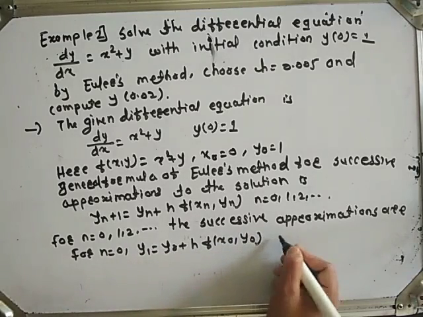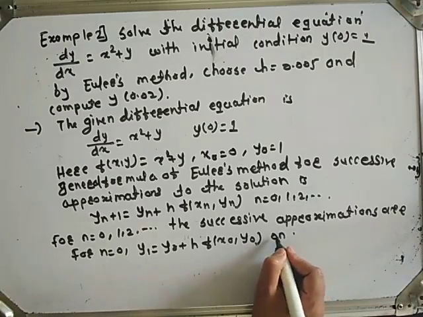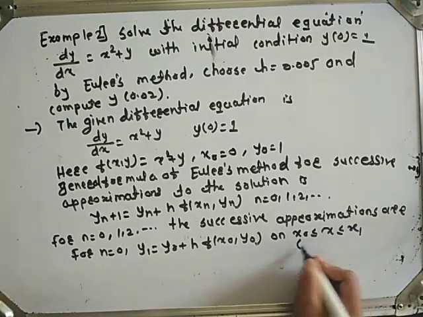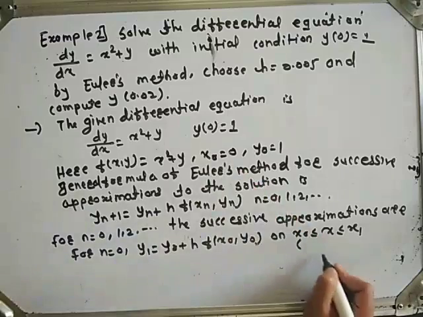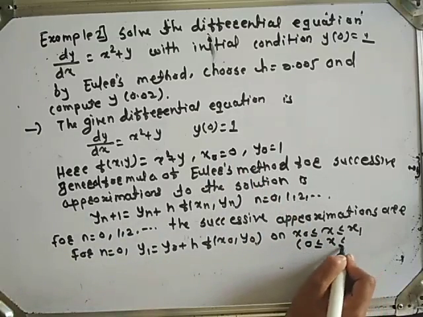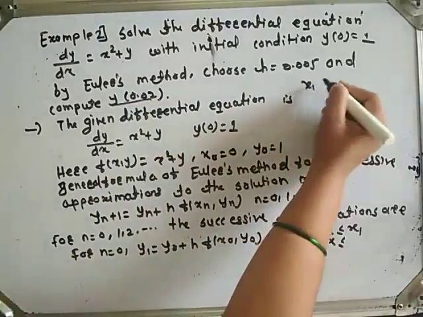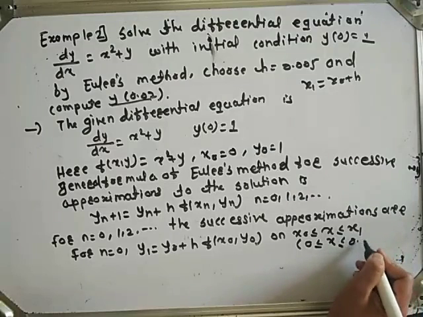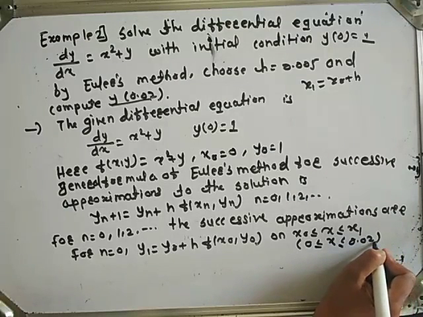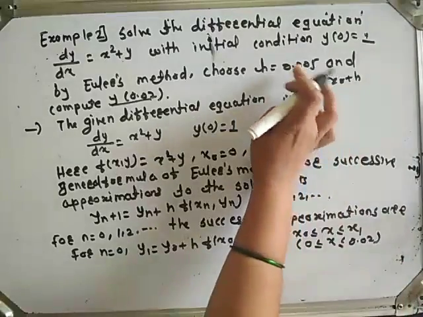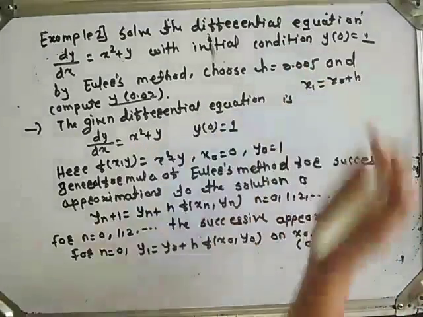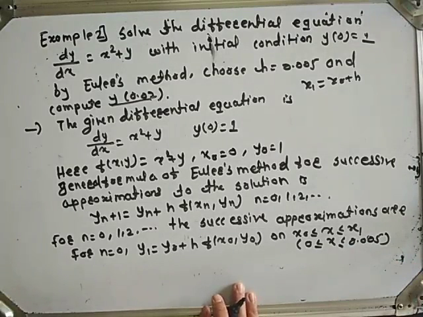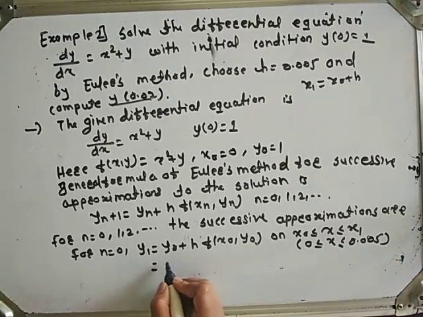On x0 less than or equal to x less than or equal to x1. What is x0? x0 is 0, which is less than or equal to x less than or equal to x1, which is x0 plus h. What is h? h is 0.005.